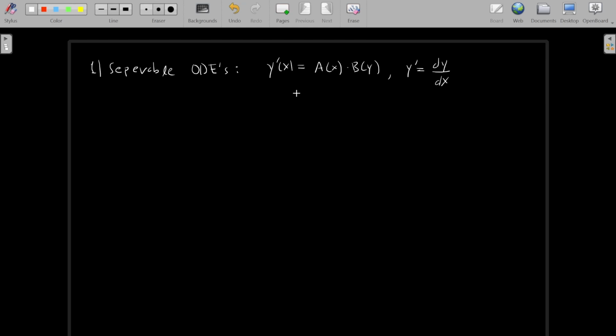So let's jump straight into the first example. y prime is equal to minus y squared, which is a non-linear differential equation of first order.